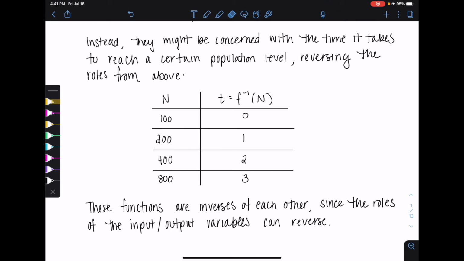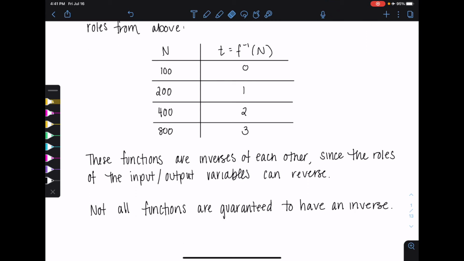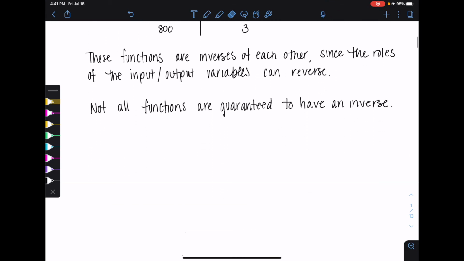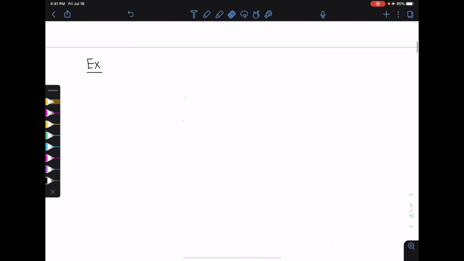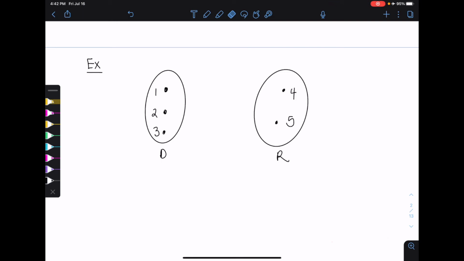The problem is not all functions are guaranteed to have an inverse. So let's look at a few examples. The first one we're going to look at is some set D with inputs 1, 2, and 3. The outputs are going to be 4 and 5. So our function f, if you input 1, the output will be 4.